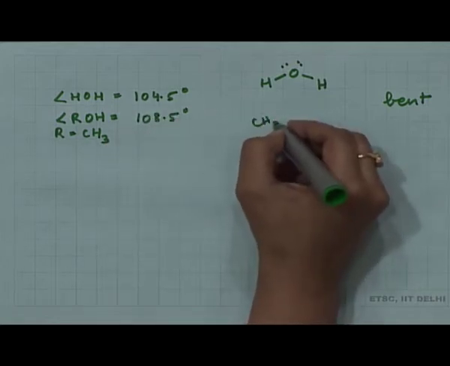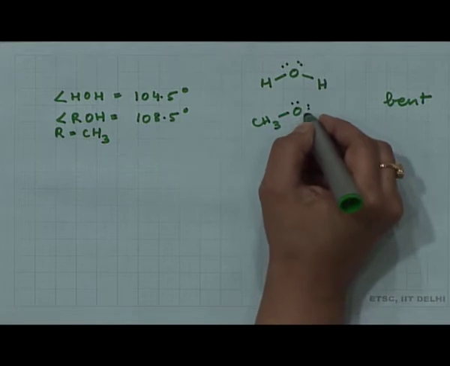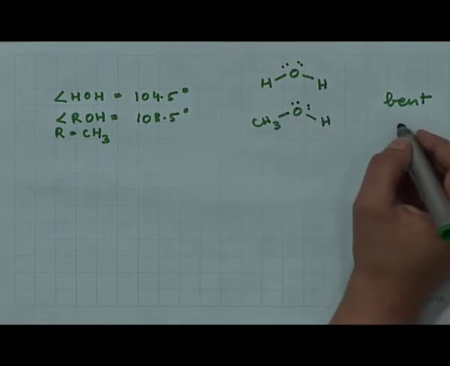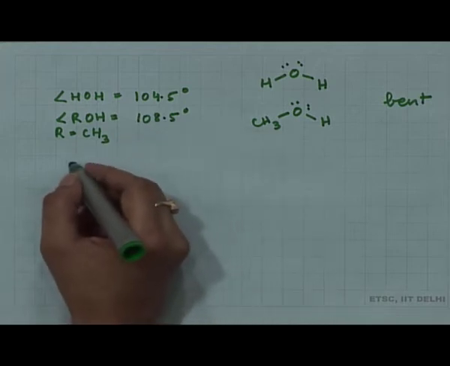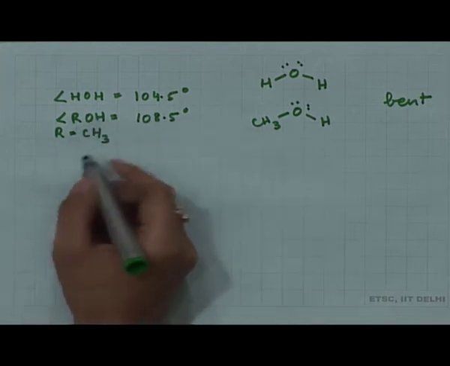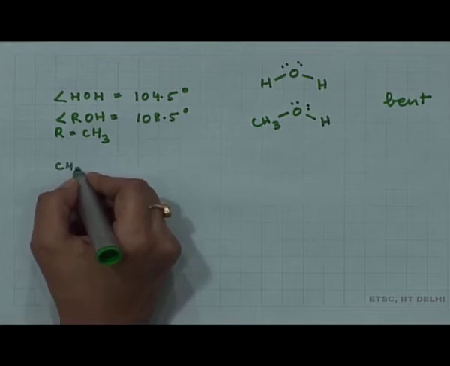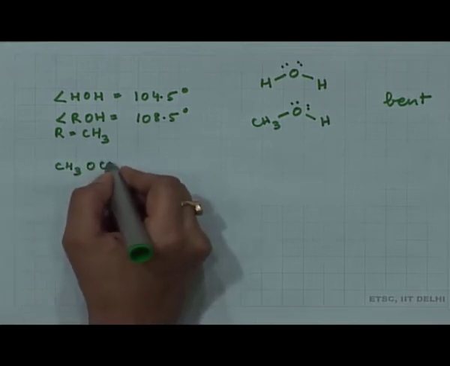So, methanol, an alcohol, is again a bent molecule, with a bond angle of about 108.